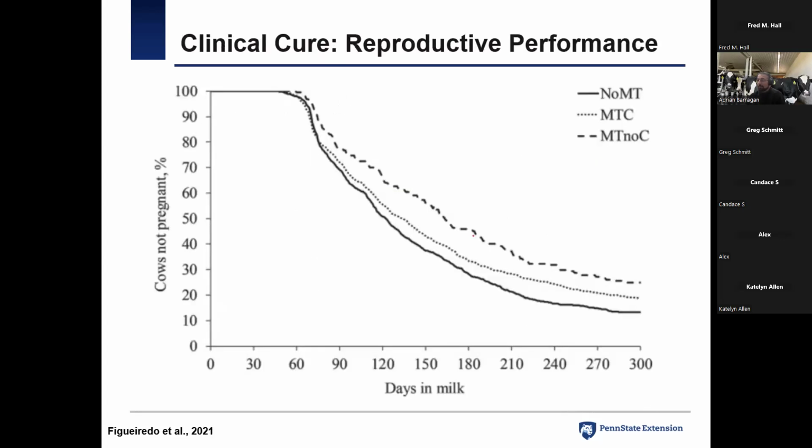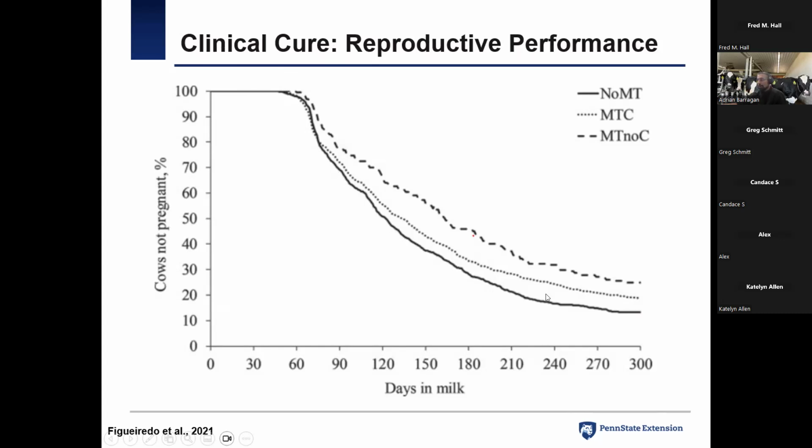Going back to the study that I showed you earlier from 2021, with a group of no metritis or metritis that got cured or did not get cured, you can see here, this is basically a survival curve. All the cows are open at the beginning. As we start breeding the cows, they're going to be removed from this pool.